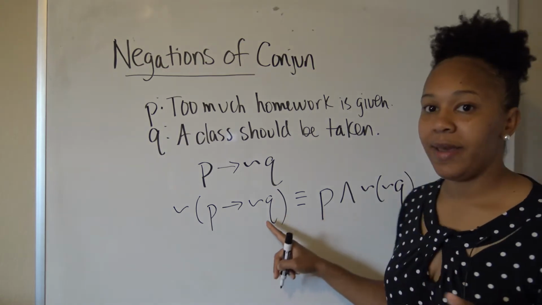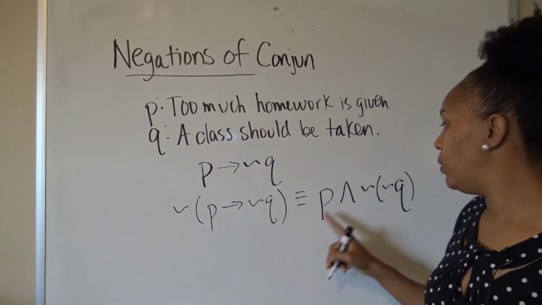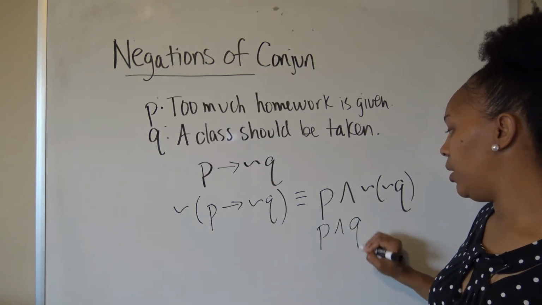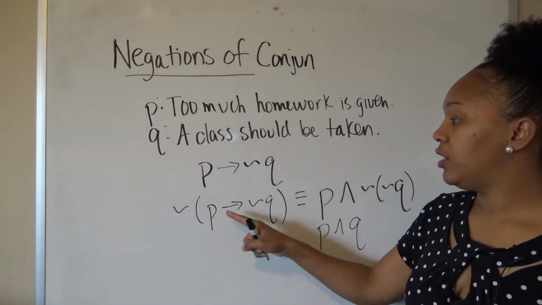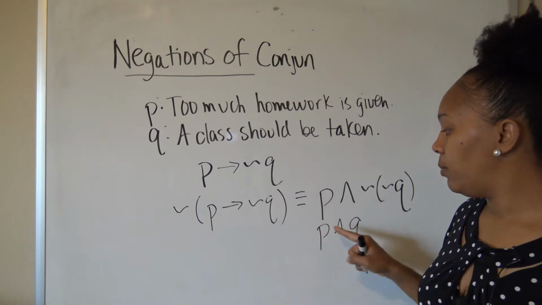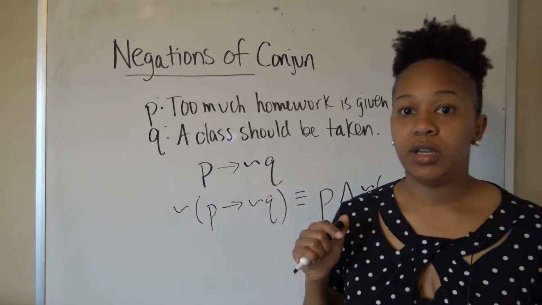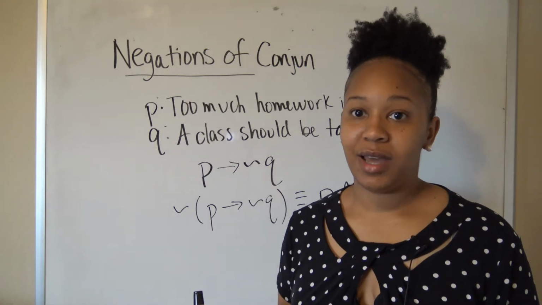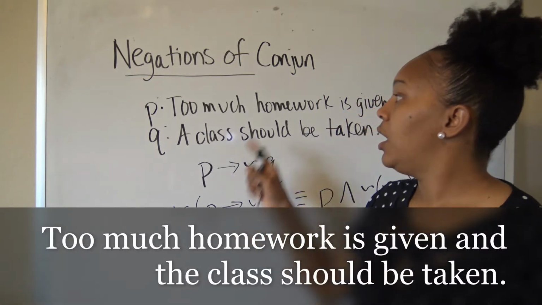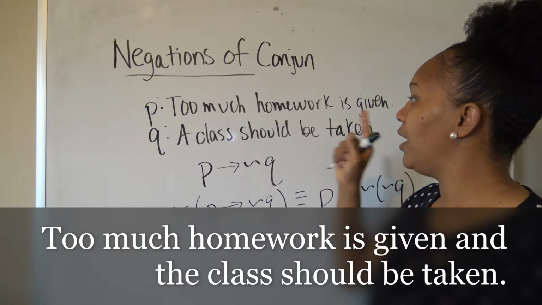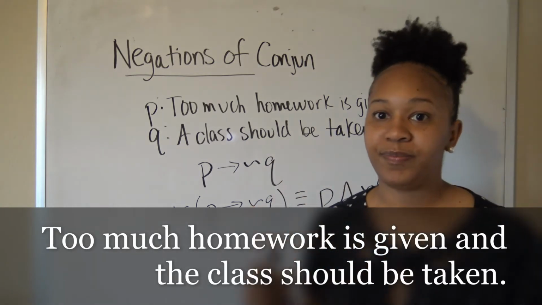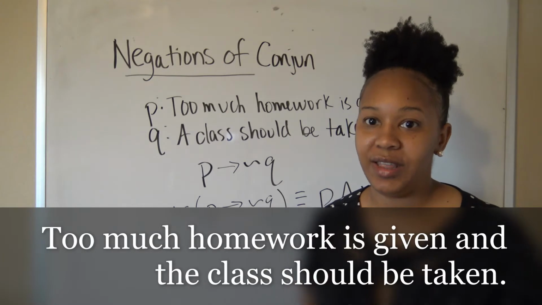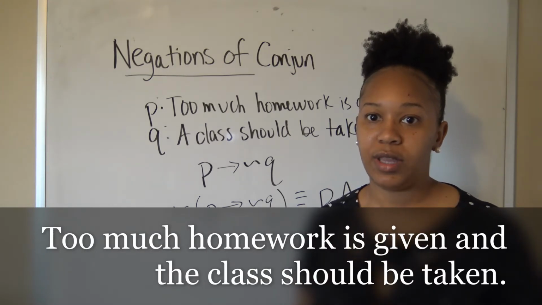Well, the second statement is already negated, so we would negate it again, and it would get us back to the original statement of P. So the negation of P implies not Q would be P and Q. So the negation of our statement, if too much homework is given, a class should not be taken, would actually be too much homework is given and a class should be taken. All right, too much homework is given and the class should be taken. That would be the negation of our original statement.